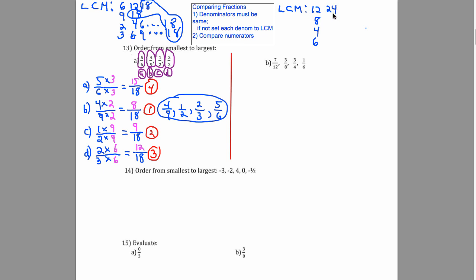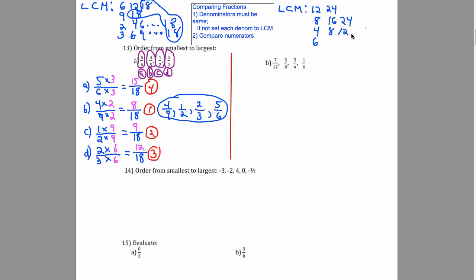Now, I could keep going, but once again, I see that on the next line I have 8, and I know 8 times something gives me 24. I know 2 multiples of 8 are 16, 3 multiples is 24. So far, 24 looks like a good candidate. 4, 2 multiples are 8, 3 multiples are 12.